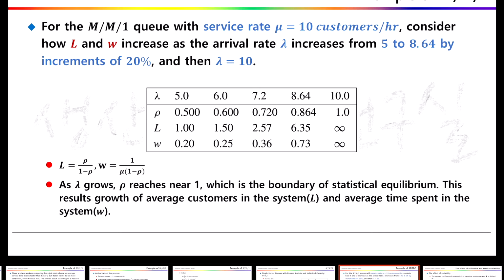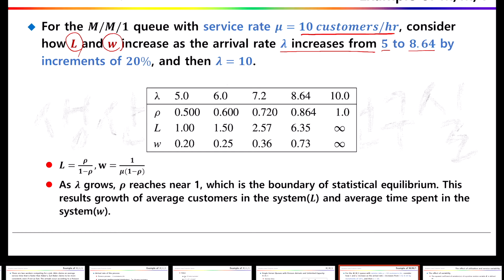For the MM1Q with a service rate of 10 customers per hour, now consider how the length of the entire model and the entire staying time in the model increase as the arrival rate lambda increases from 5 to 8.64.